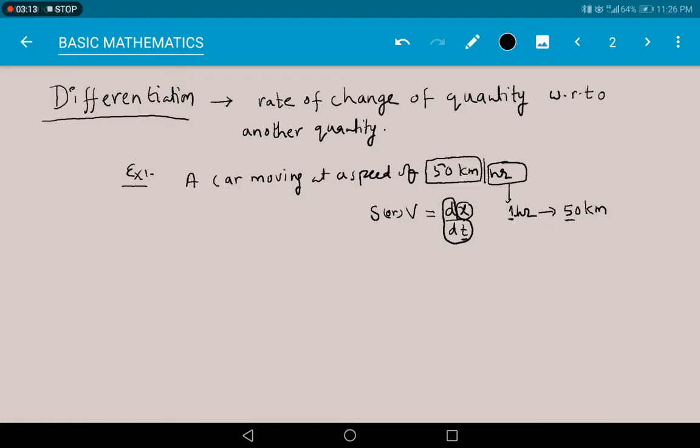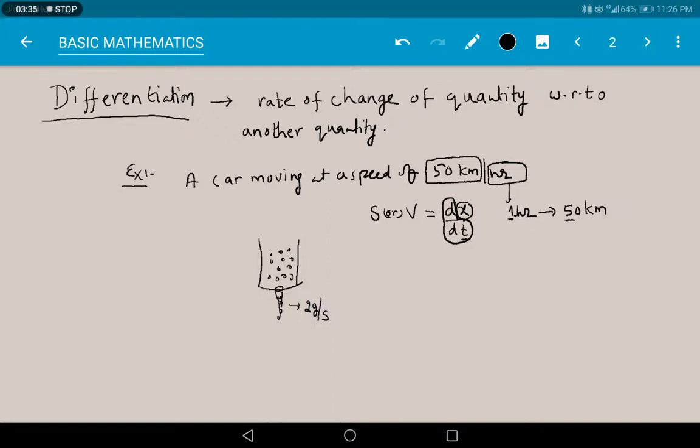Suppose let us take one more example. We have sand in a bag. It has one hole. Through that hole, sand is falling at a rate of 2 grams per second.